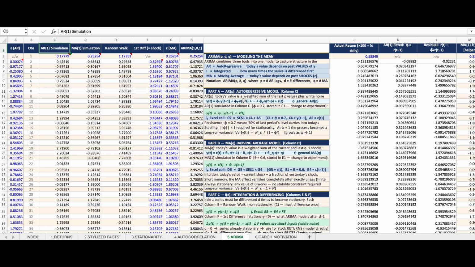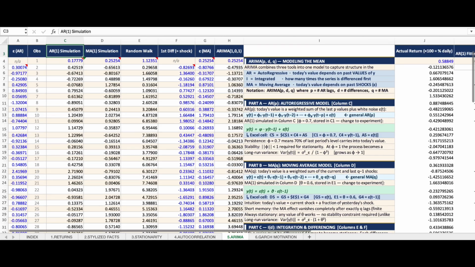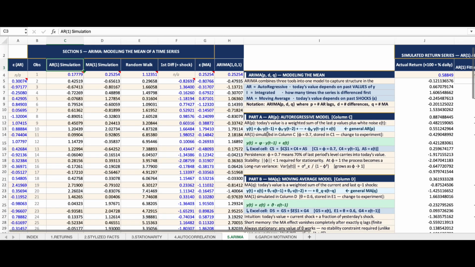Let's look at the AR model, autoregressive model. An autoregressive model of order p says that today's value is a weighted sum of the last p values plus a random shock. So for AR(1), the simplest case, y_t equals phi times y_(t-1) plus epsilon, which is the random shock at time t. So this has one lag, one coefficient.